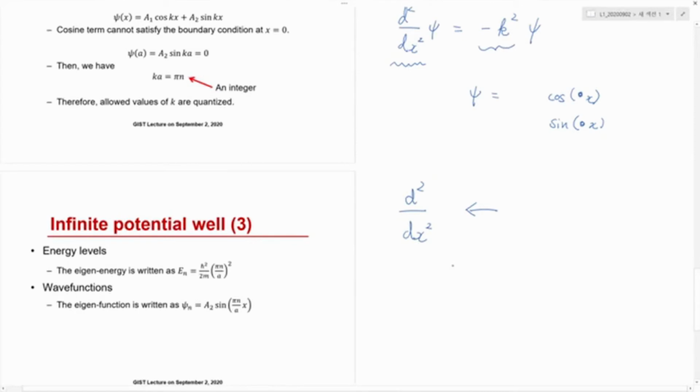If we really want to solve the Schrödinger equation, then we have to understand the behavior of this second order derivative equation. And once again, this is just a one-dimensional structure, so only second order differentiation with respect to the x variable is enough.